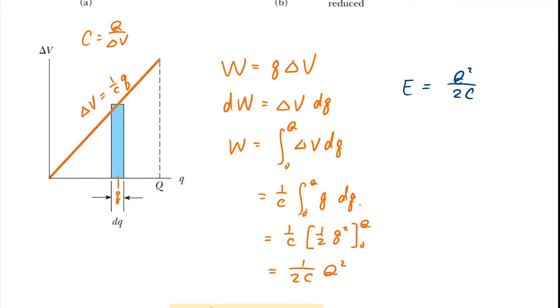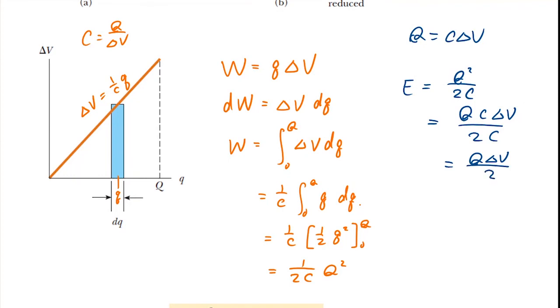However, remember that Q is equal to C times delta V, depending on what you're given. So substitute one of them, then you have Q times C delta V over 2C, and the C's cancel, so you have Q delta V over 2.